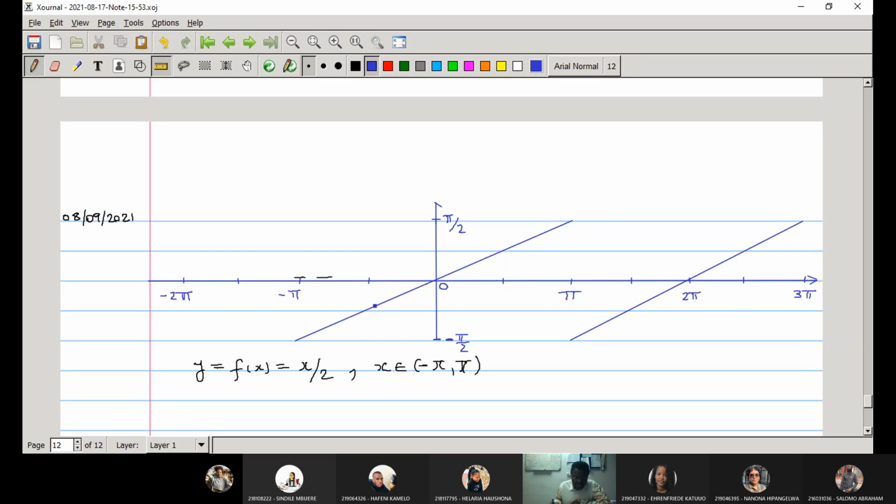Now on the other side, here, we will do the same thing. You shift this by 2 pi, so this will be negative 2 pi, so negative 2 pi will be here. And you will go from negative 2 pi to pi. So it will be something like this.